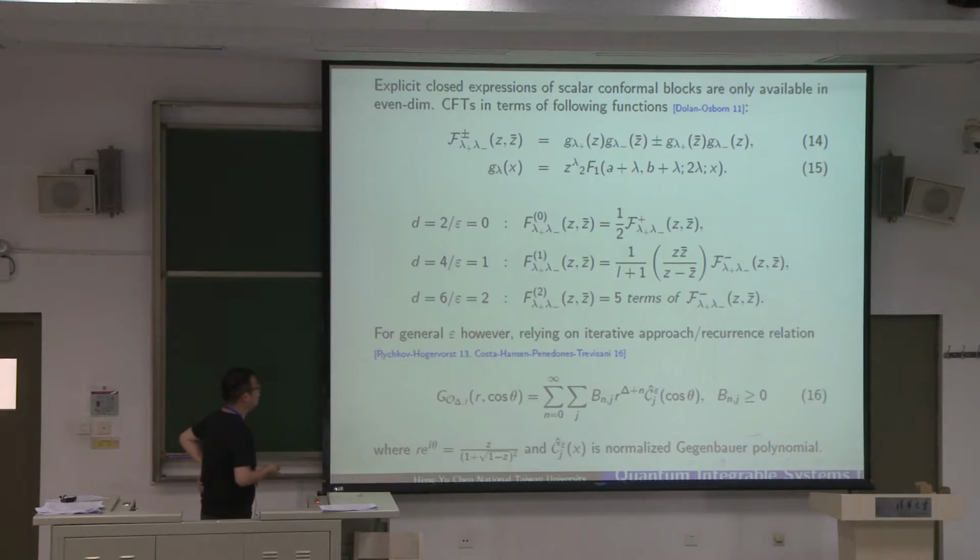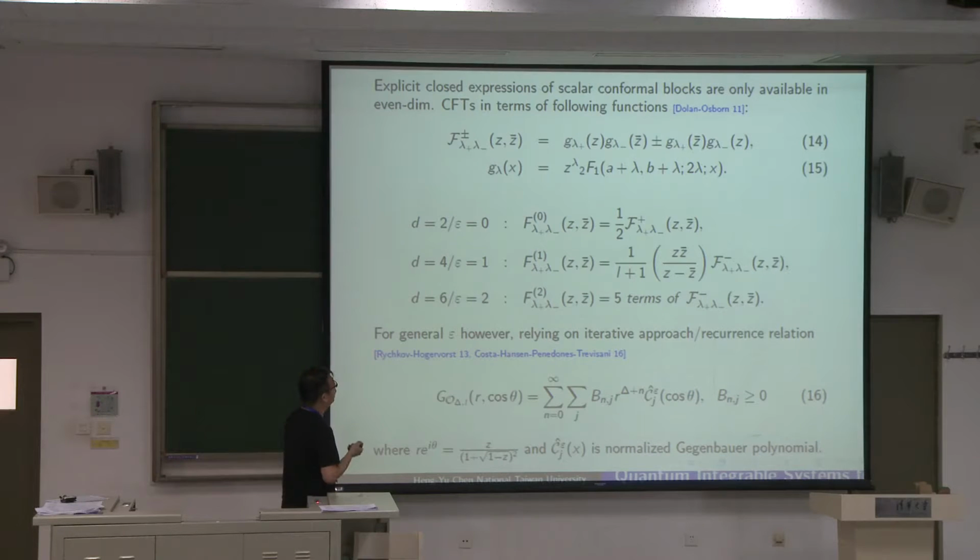Okay, so what's the status? The explicit closed expressions for the scalar conformal block are only available in even dimensional conformal field theory. This was solved in a beautiful paper by Dolan and Osborn in 2011, and they can be captured in a combination of hypergeometric functions. In 2 dimensions, that's the simplest case.